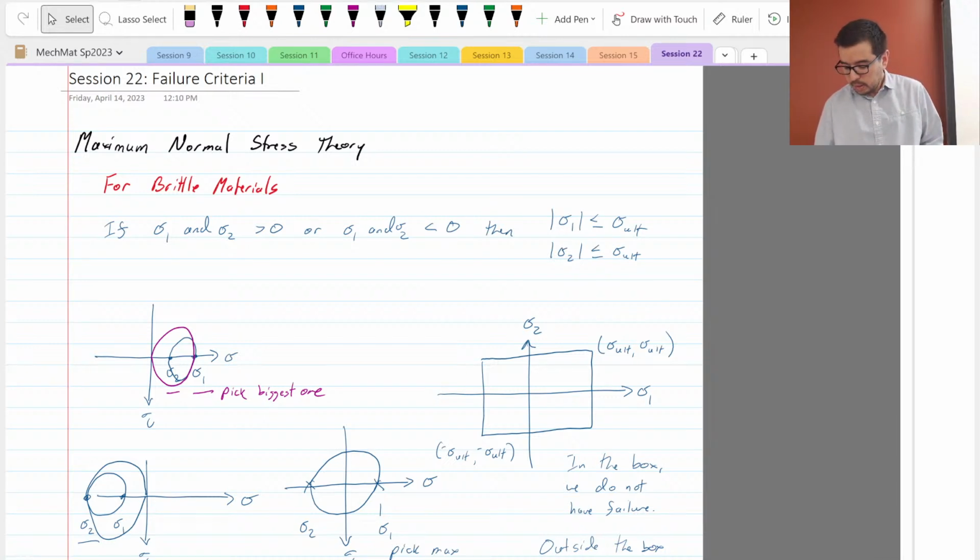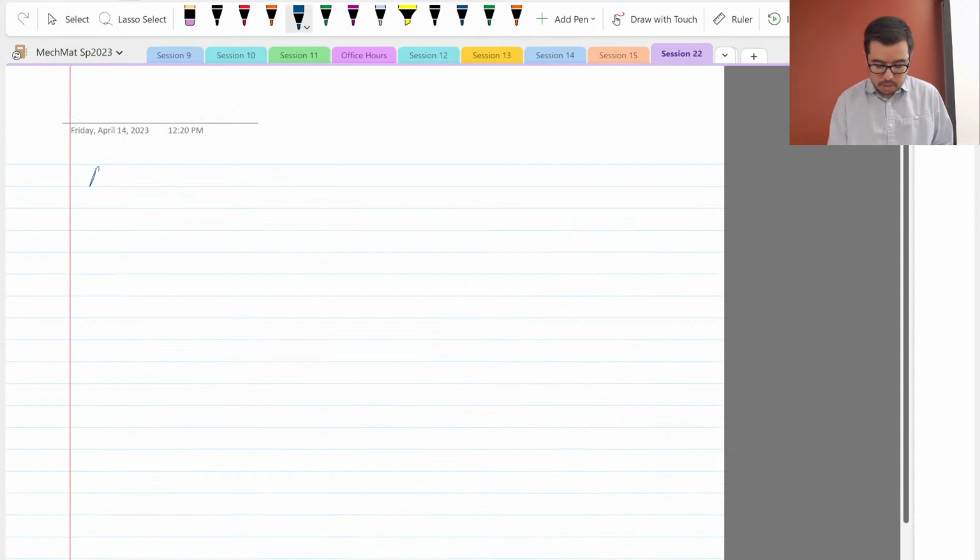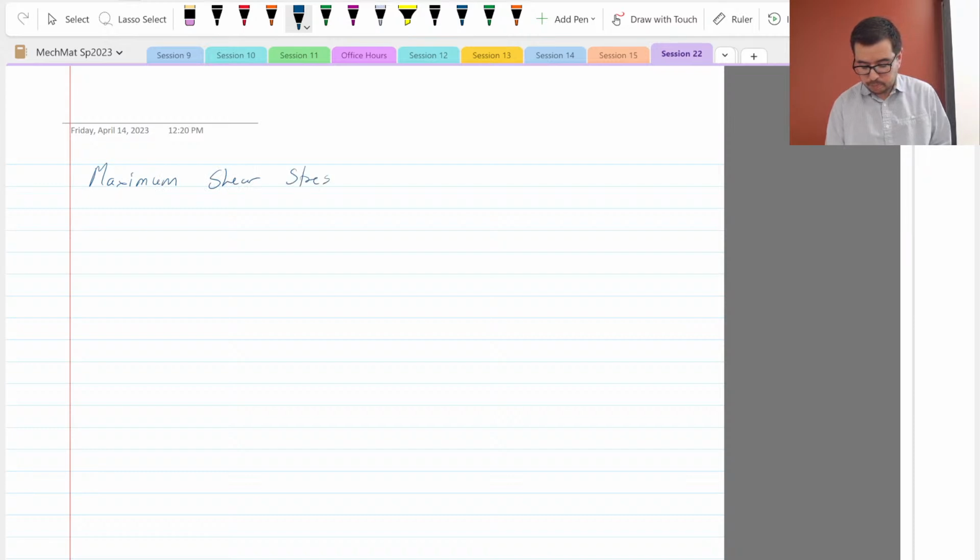The other theory is the maximum shear stress theory. Okay. And this one is for ductile materials.